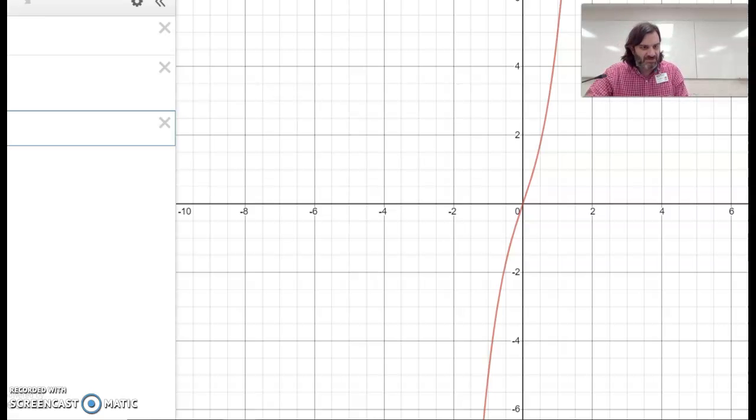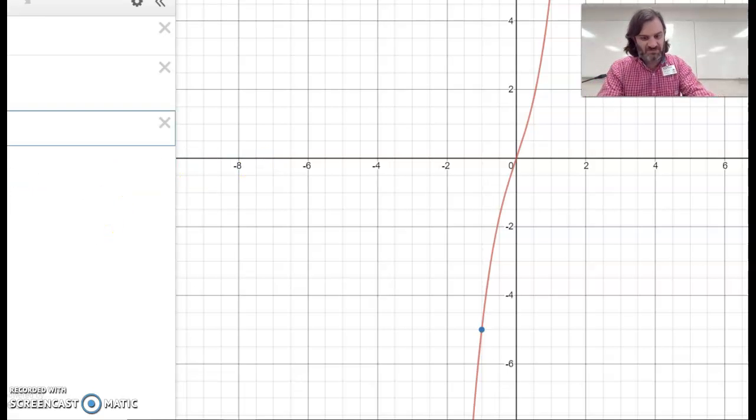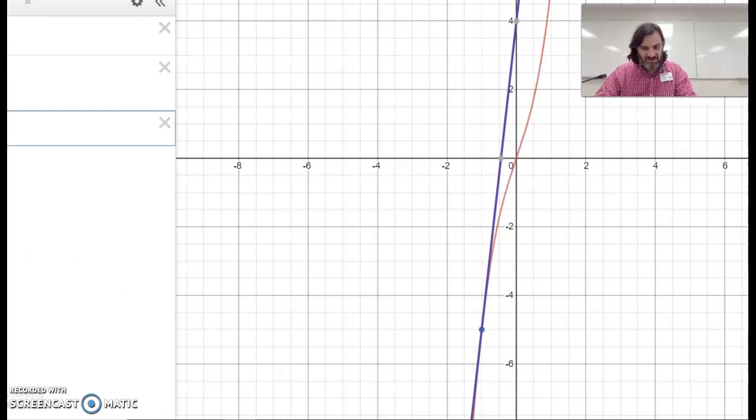And then I'm going to put on the point (-1, -5) down here. Let's slide it up a little bit. And then I believe we just calculated our tangent line to be y equals 9x, and was that plus 4 maybe? Yes. Okay, let's go back and double check though. 9x plus 4. Okay, much better.